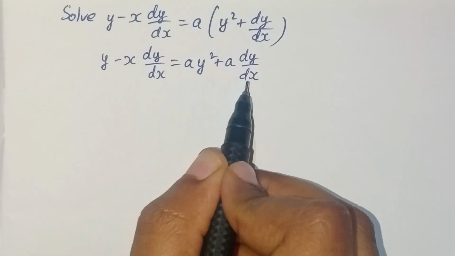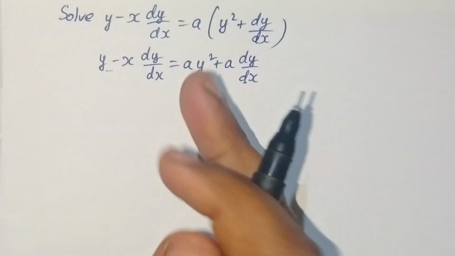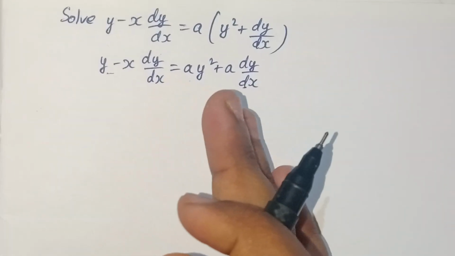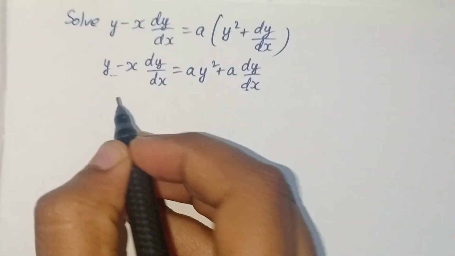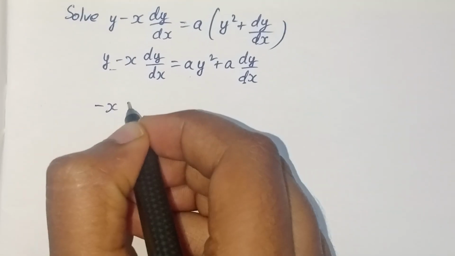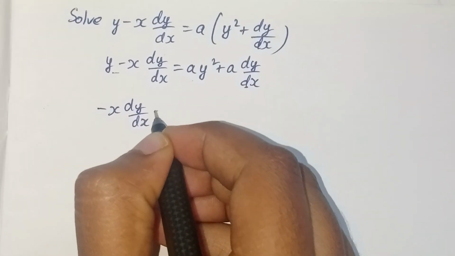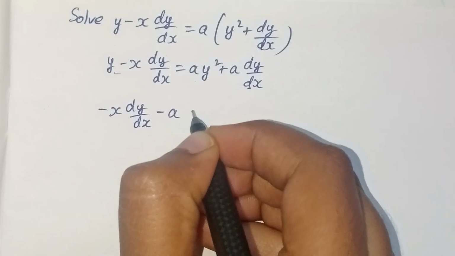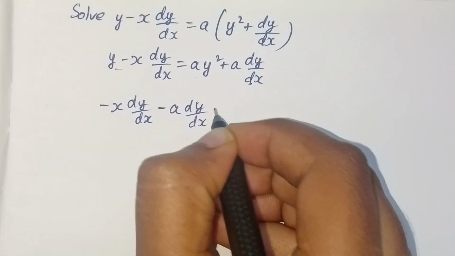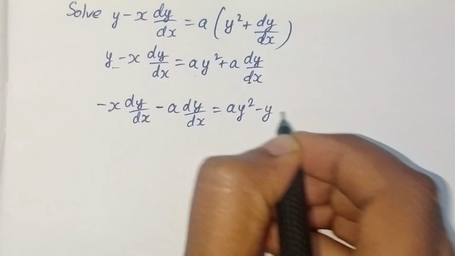Here we have two dy by dx terms and two constants. So we have to take dy by dx terms on one side and constant terms on the other side. Then we can write minus x dy by dx minus a dy by dx equals a y square minus y.